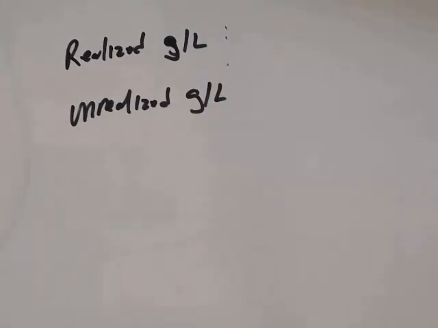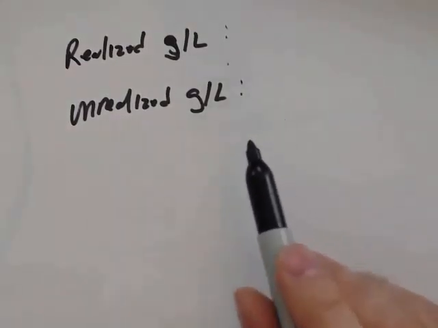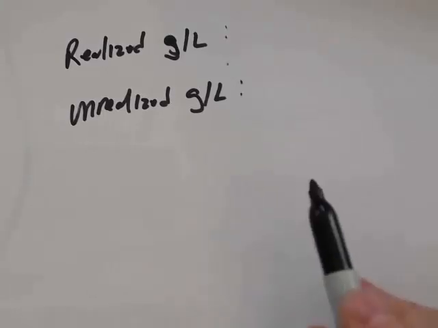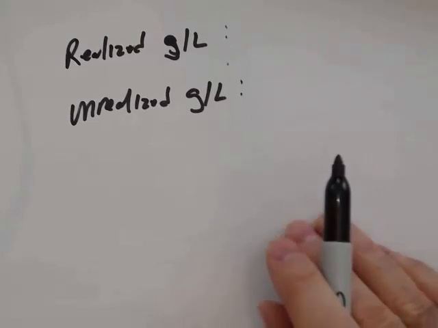Unrealized gains and losses are when you buy a stock, for example, and you haven't sold it. So you bought a stock for $100, it's now $125. You have a $25 unrealized gain on that stock, and if you decide to sell it, then you will have a realized gain of $25. The reason we're making this distinction is that futures contracts are marked to market on a daily basis, and we saw that in chapter 2 when we did a specific example of mark to market transactions.